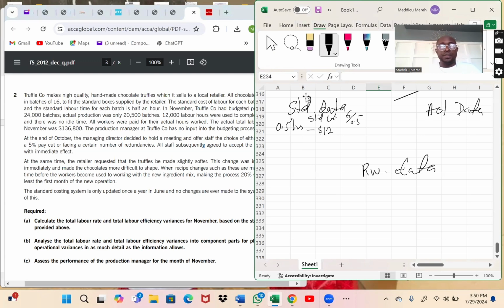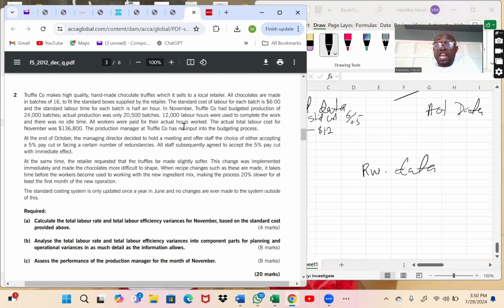Okay, sorry. We continue. In November, Truffle Co. had projected production of 24,000 batches. Projected production. For this level, we don't consider projected. What do we consider? Actual production. Very important. Actual production was only how much? 2,500.